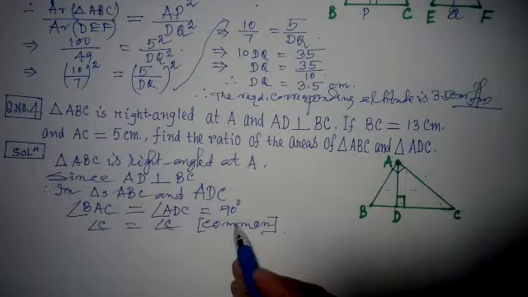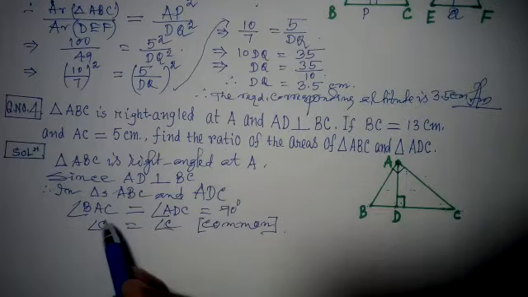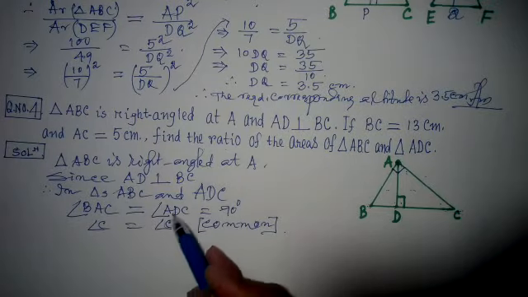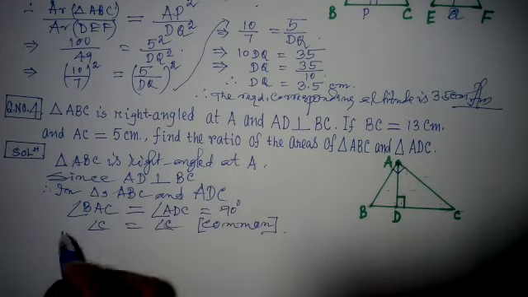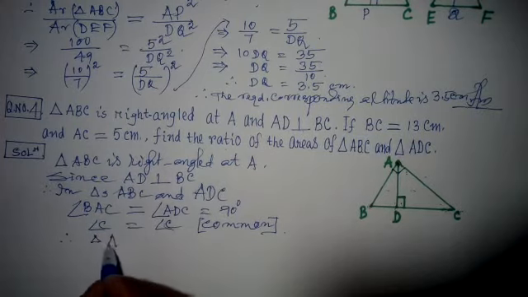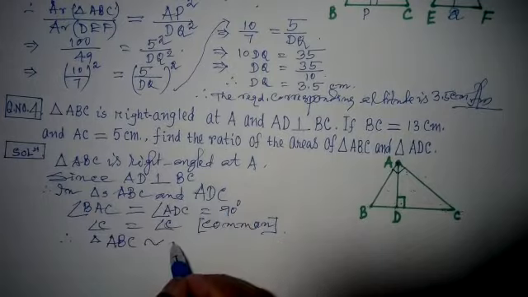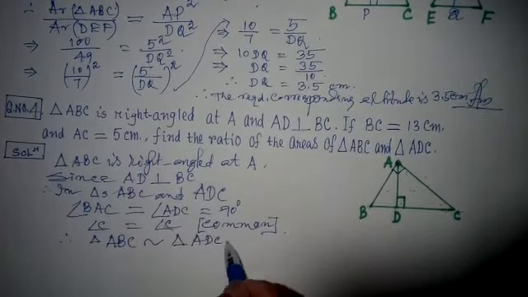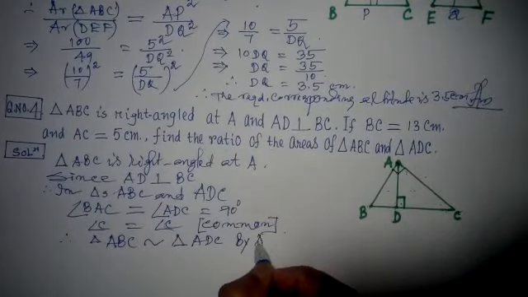Now between triangles ABC and ADC, two angles of the first triangle are equal to two angles of the second triangle. So these two triangles are similar. Therefore, triangle ABC is similar to triangle ADC by AA similarity.